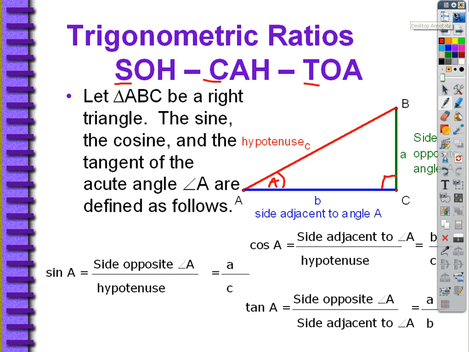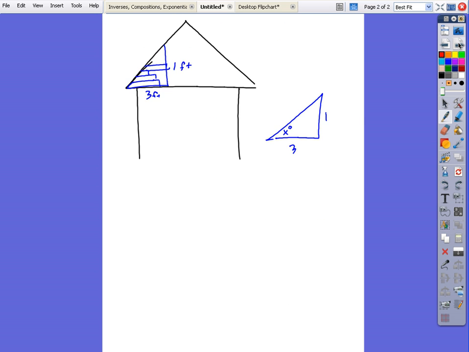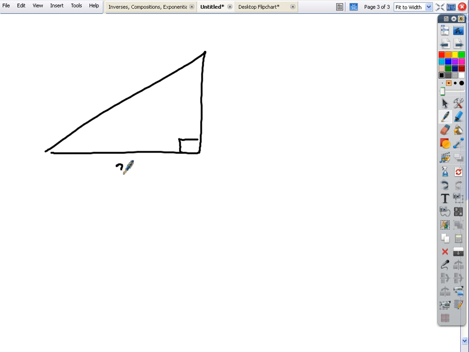Okay. Let's take a quick example. What if I had this triangle? Okay, let's call this one angle A and this one angle B. I want you to tell me, just think about it, don't say it out loud, what's the sine of angle A?